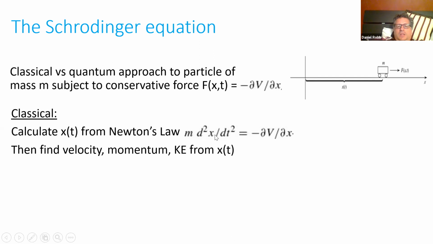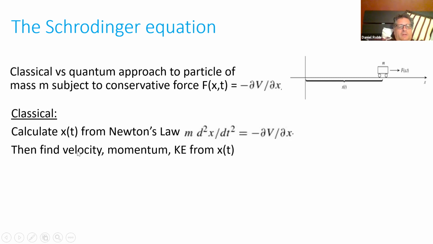So m d squared x/dt squared is minus dV/dx. And along with some initial conditions, either x at 2 points or the initial velocity and the initial position, we would get x of t, the position as a function of time.